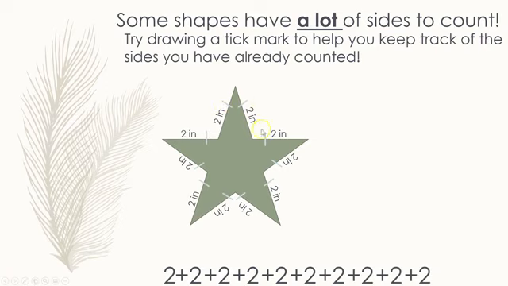I used my tick marks so I made sure that I didn't count a side twice, and I also made sure that I counted every single side. Let's skip count by 2's to figure out what all of this is going to equal. 2, 4, 6, 8, 10, 12, 14, 16, 18, and 20 inches. The perimeter of the star is 20 inches.